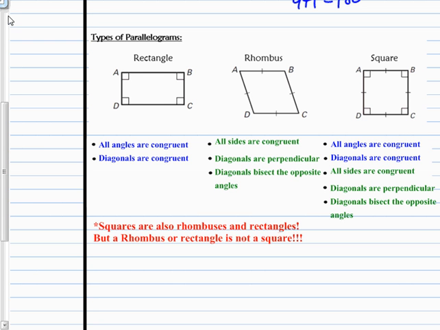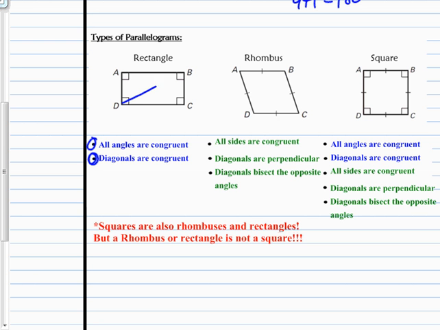A rectangle, besides all those other properties, those are general parallelogram properties, rectangles are a special parallelogram, and they have two more properties. You can see that they're in blue. All of their angles are congruent because they all equal 90. So they all are congruent to each other, and their diagonals are congruent.